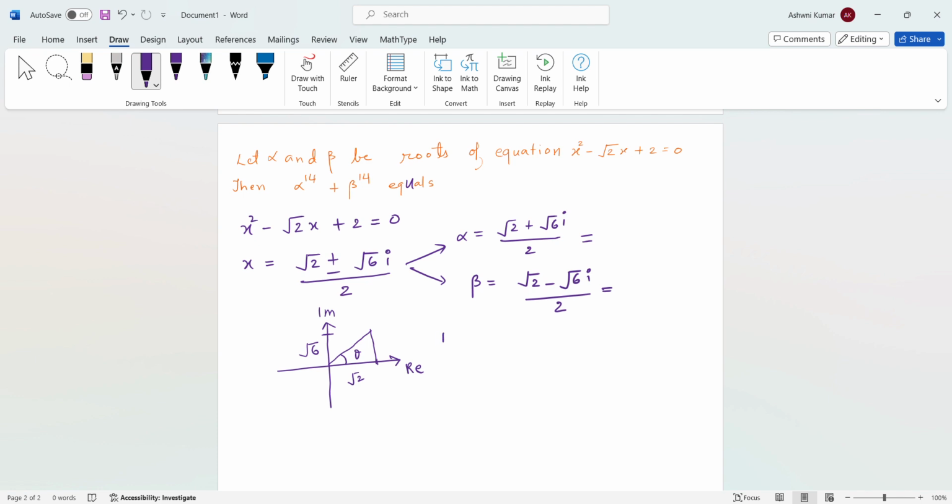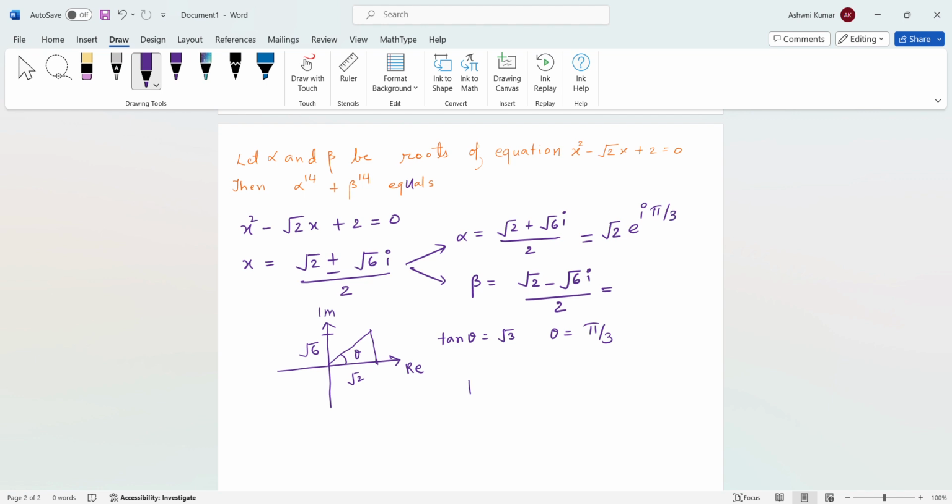So tan theta for the first case will be root 3, and that gives theta equals pi upon 3. The modulus, if you calculate it, is root 2. So root 2 into e to the power i pi by 3. This is the first root.